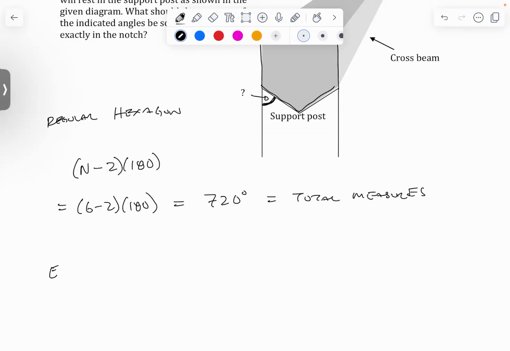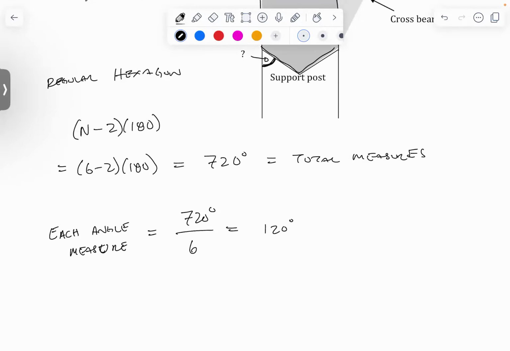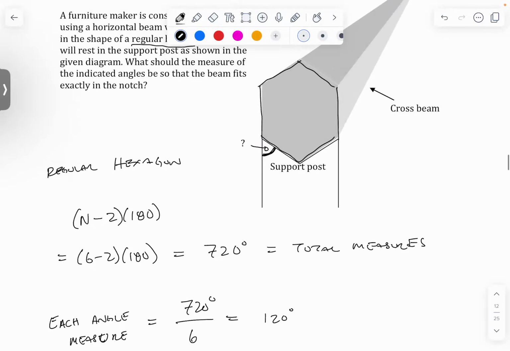Each angle then would be the total measure divided by the number of sides. So each angle measures 120 degrees.